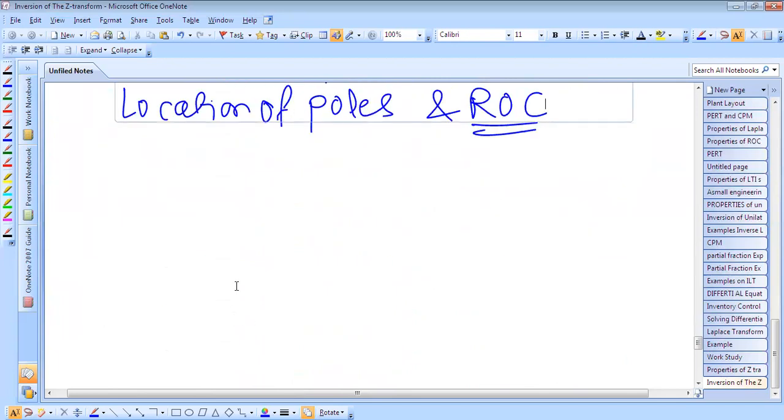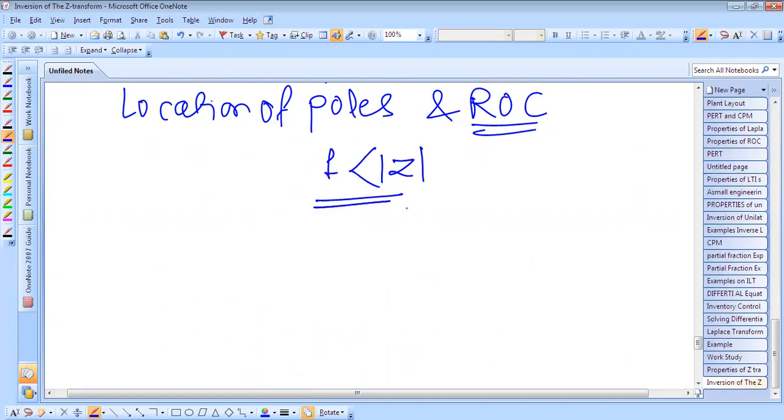Here the ROC has radius greater than the pole at z equal to half, because the first pole is at z equal to half.